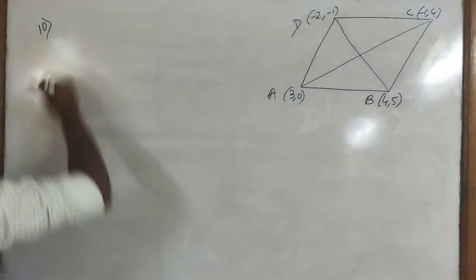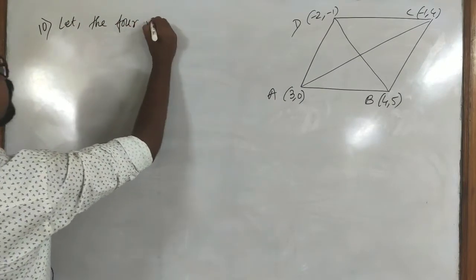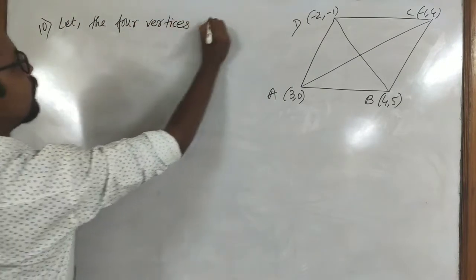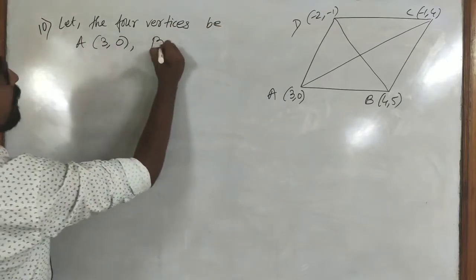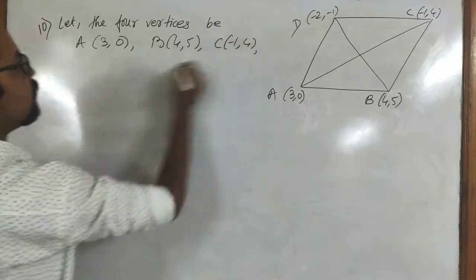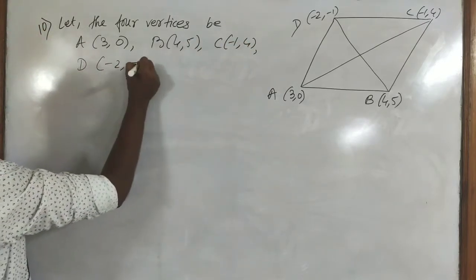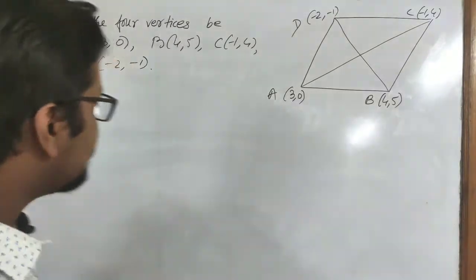So let the 4 vertices be A (3, 0), B (4, 5), C (-1, 4) and D (-2, -1). These are the 4 vertices we have.